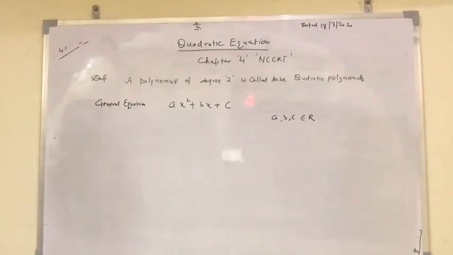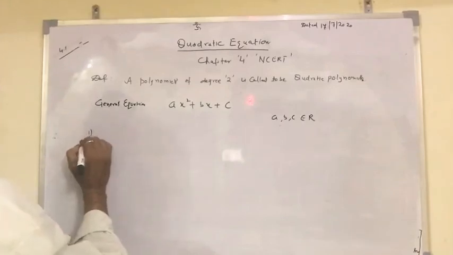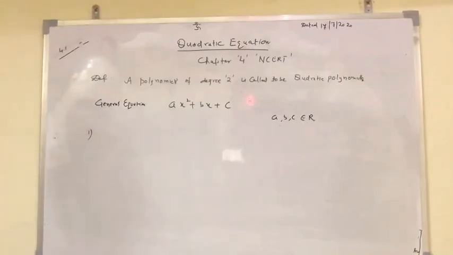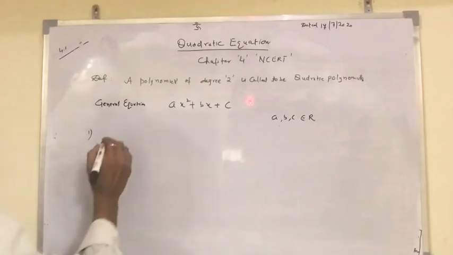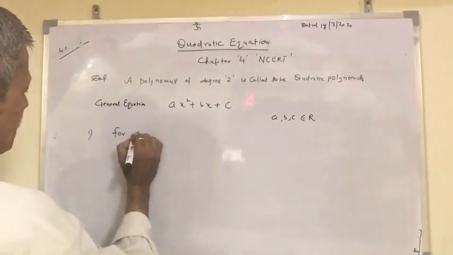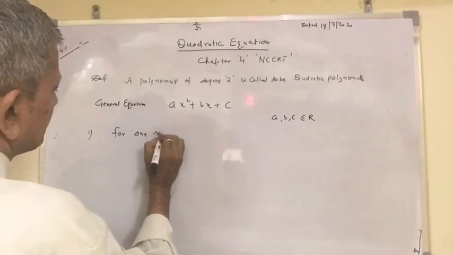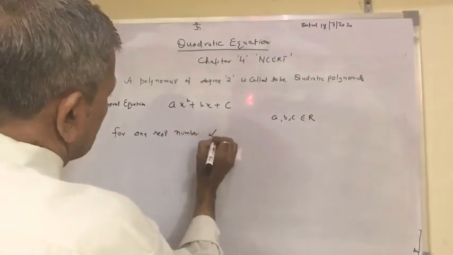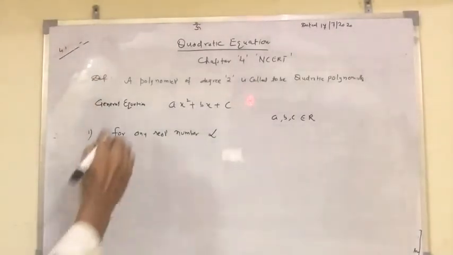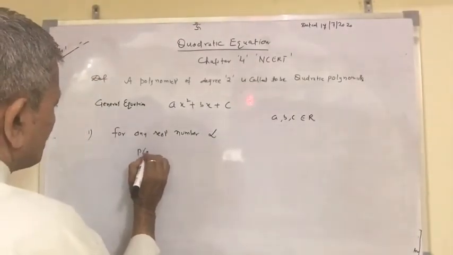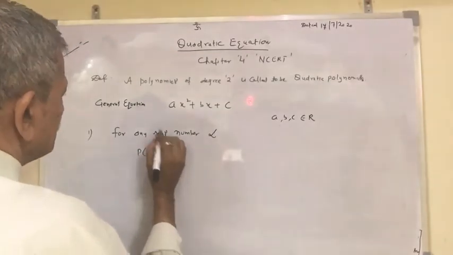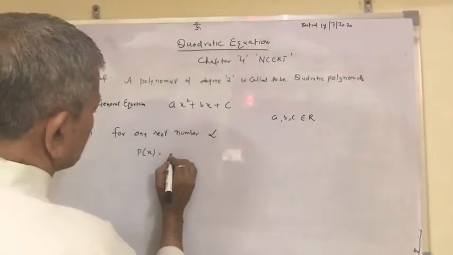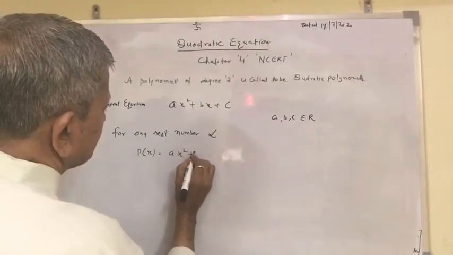Now first, you have to be very well aware. I'll give you the tips. One is, for any real number alpha, the polynomial is given as p(x) = ax² + bx + c.